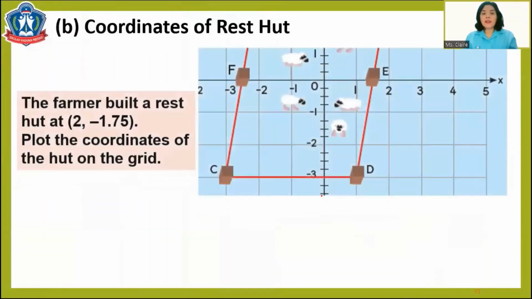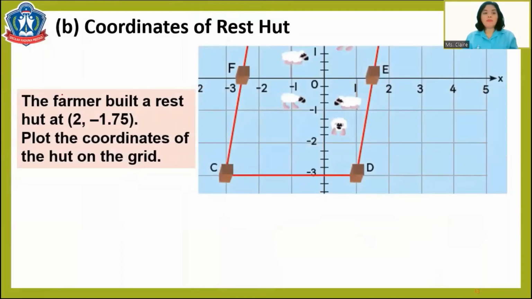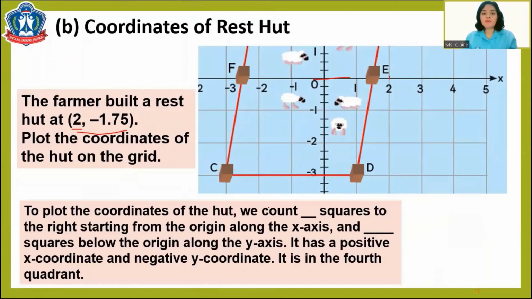Okay, coordinates of the rest hut. The farmer built a rest hut at 2, negative 1.75. When we see 2, that is the x-coordinate. On the x-axis, 2 is here, right? To plot that, we count the squares to the right, starting from the origin, and then 1.75 squares below.